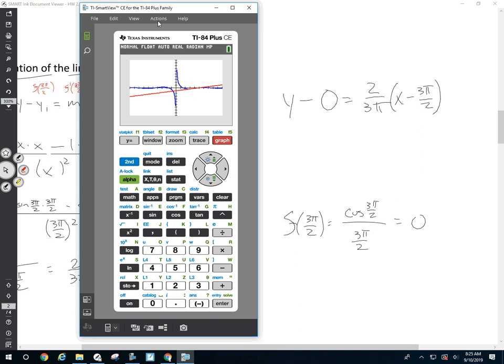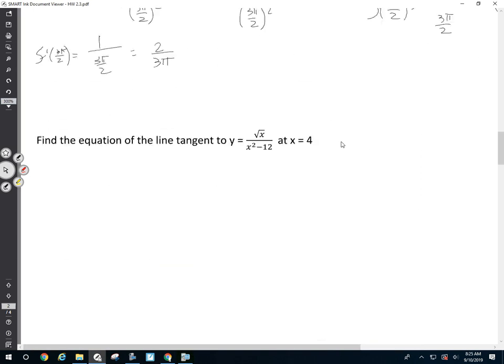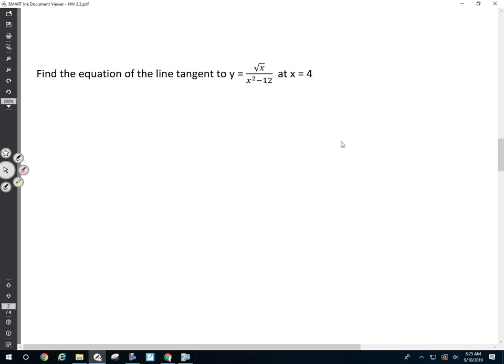That's at 3 pi over 2. Let's see, watch. Trace 3 pi over 2. It actually will work out. Order of operations, your calculator will multiply the 3 and the pi first. Right there, let's zoom in. Yeah, beautiful. See that tangent line right at that point. Exactly what we want. Okay, find the equation of the line tangent to this at x equals 4.